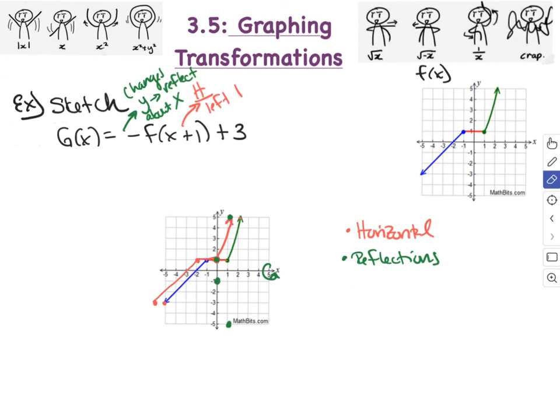I'm only looking at the red graph right now. When x is negative 2 and y is positive 1, it's going to be x is negative 2 and y is negative 1. And then finally, when x is negative 6 and y is negative 3, it's going to be flipped up to x is negative 6 and y is positive 3.